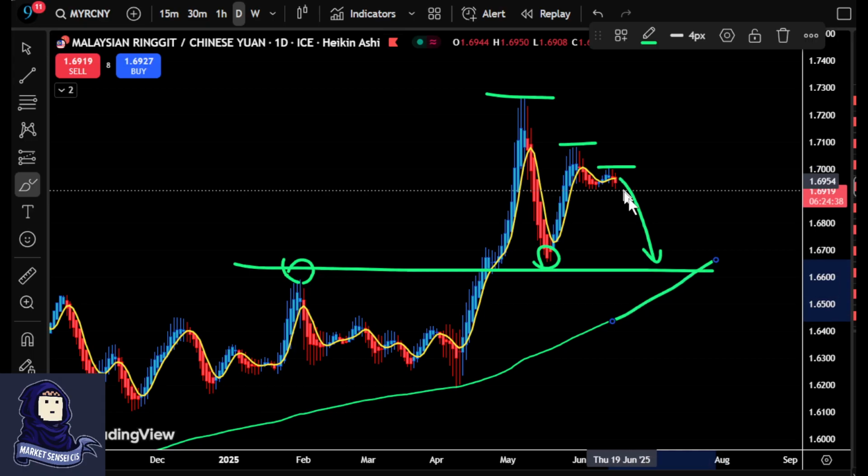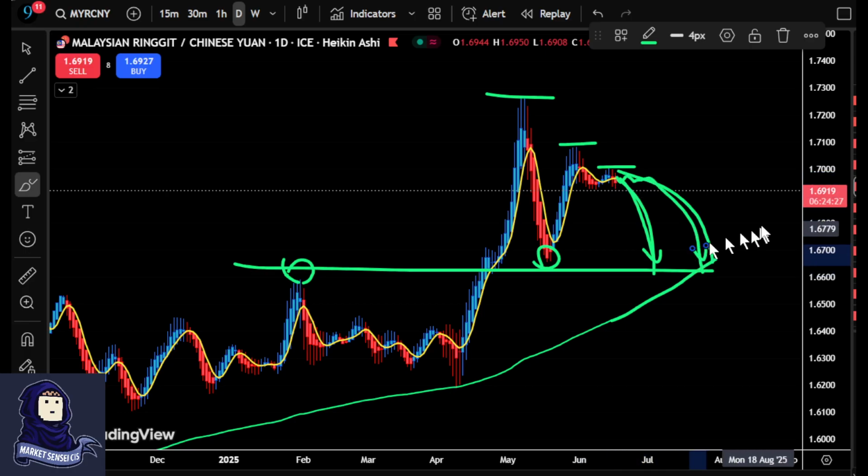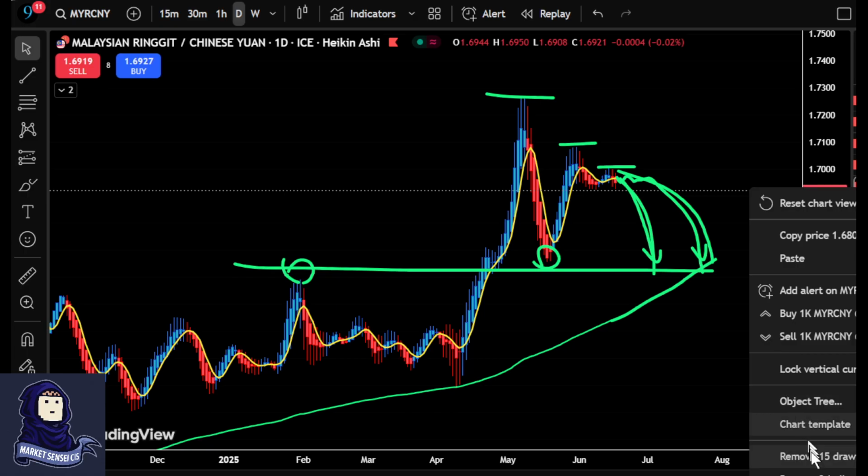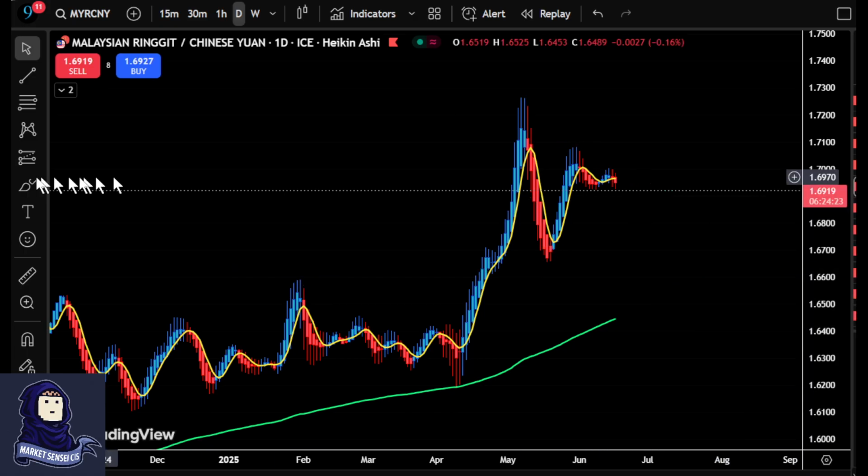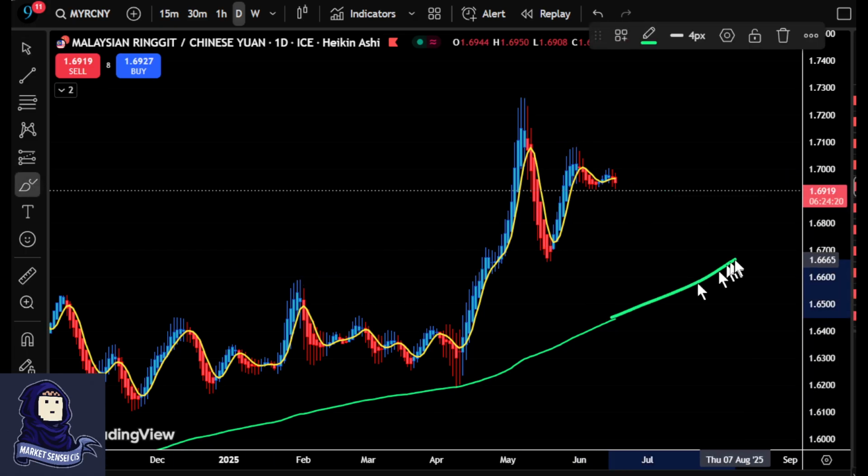We are not going to know when it will happen. It might happen here, it might happen here. It might just go sideways then crash down. Anything is possible.